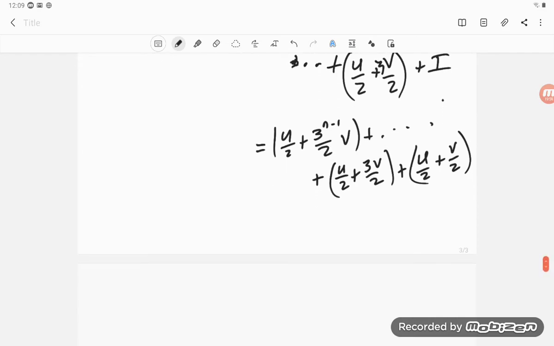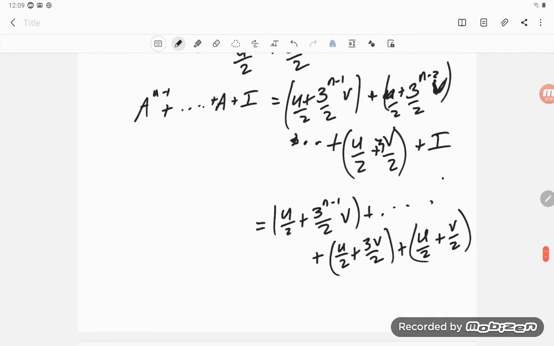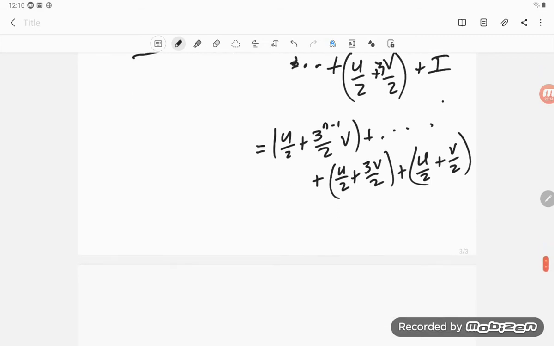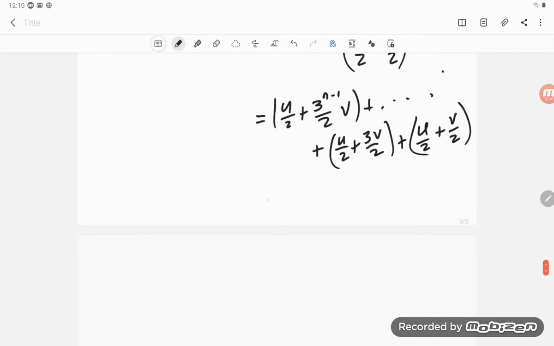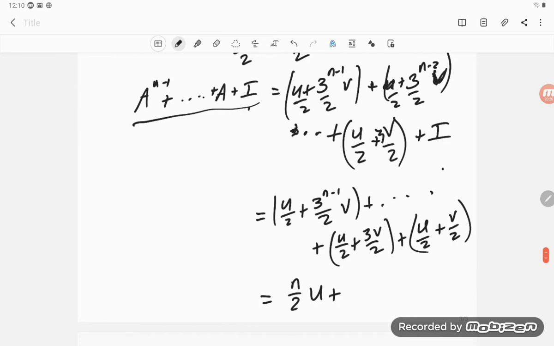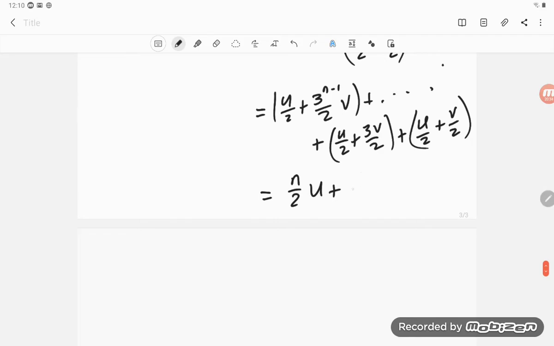And then they just pull all the factors together. And so, how many terms had u over 2 in them? Well, all of them. And there were n terms here because I had the I term and then n minus 1 different powers of a. So this ends up being the n over 2 u, and then plus, and now they use an identity, so they're summing.